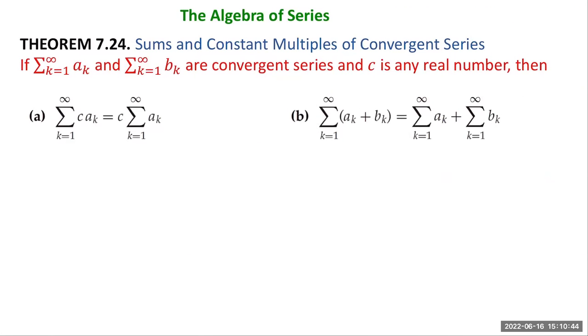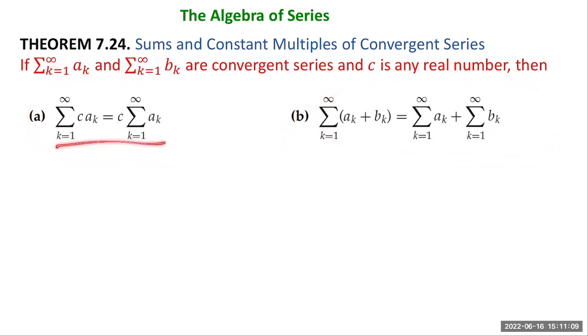Next, I want to go over this theorem: sums and constant multiples of convergent series. Here is what the theorem tells you. If the sum from k equals 1 to infinity of ak and the sum from k equals 1 to infinity of bk are convergent series and c is any real number, then these statements are true.